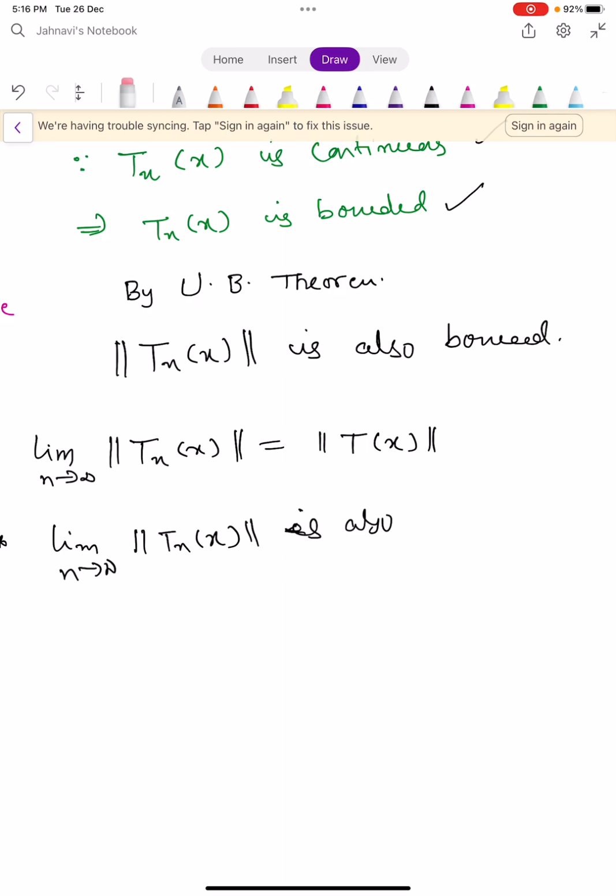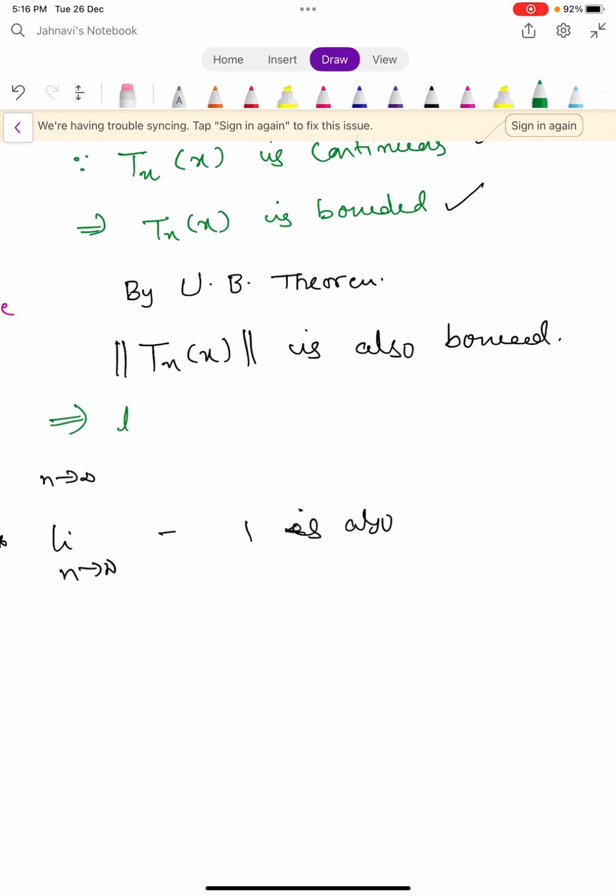In another way I can explain like this. Here norm Tn of x is also bounded, which implies limit n tends to infinity norm Tn of x is also bounded. This is the point. What is this limit?